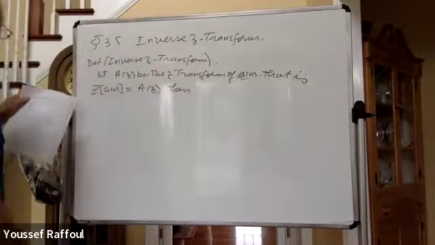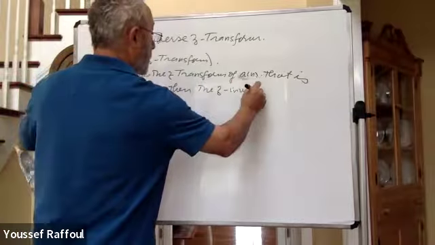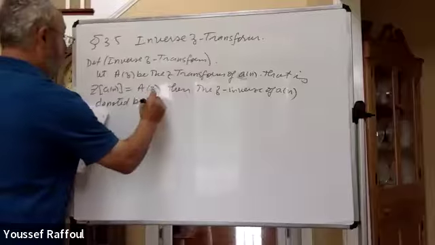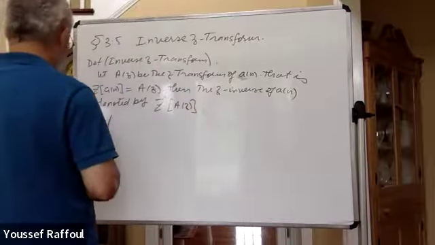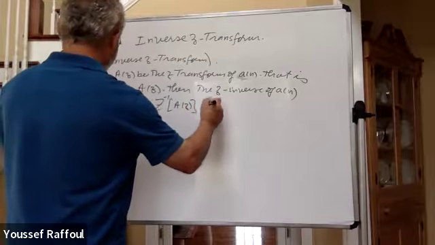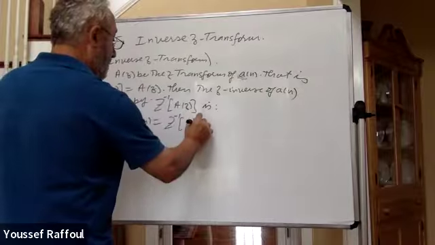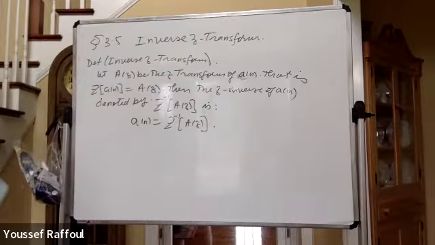Then the Z inverse of A(z), denoted by Z inverse of A(z), is a_n equals Z inverse of A(z). So it's now how we compute it. Okay?